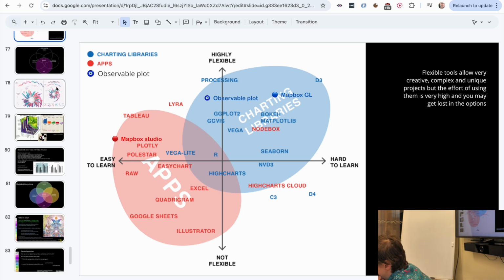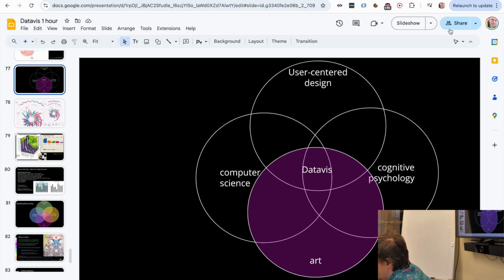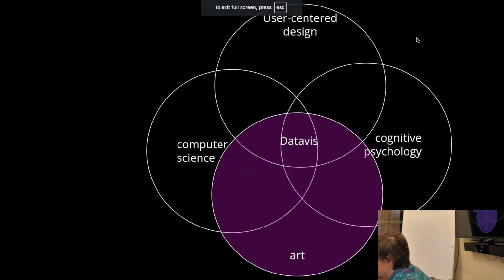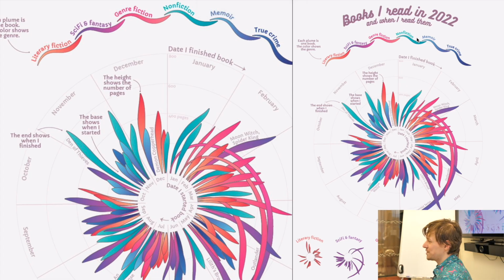Yeah, so I conclude the session by looking at the artistic part of my overview that I was showing you in the beginning. So this is a data visualization of books. I didn't make this.